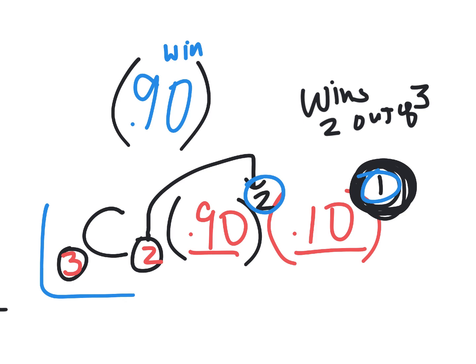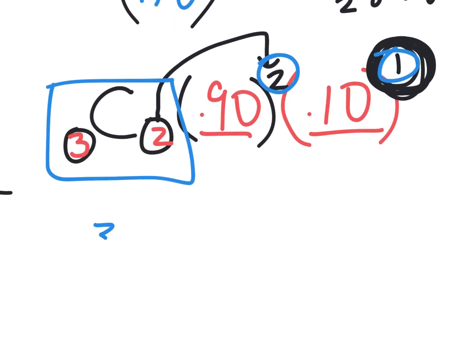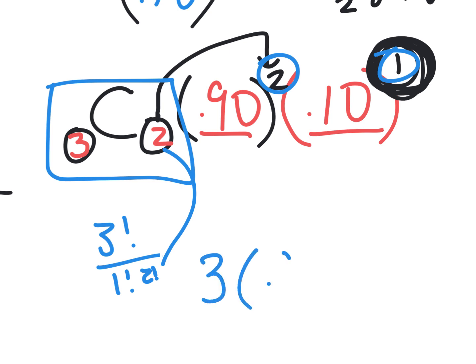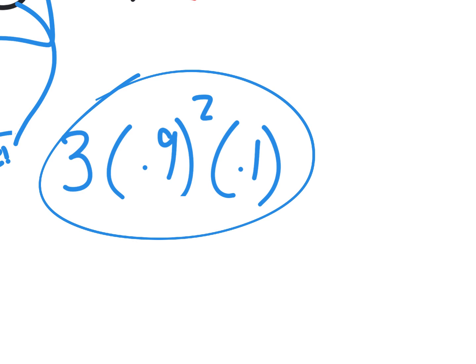And now, this looks very similar to one we did in the past. 3C2, 3 factorial over 3 minus 2, which is 1 factorial, times 2 factorial. And that was 3. 3 times 0.9 to the second and times 0.1. And I don't need to say to the 1 because that's irrelevant. So then type that in.